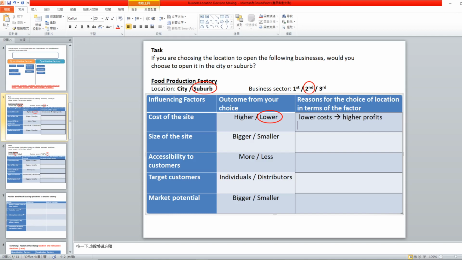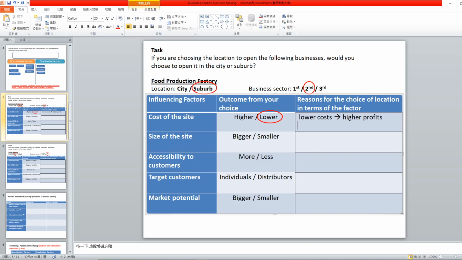But when you think about a factory, we want a place which will have a lower rental cost, because we know that we need a huge space for the factory. Why? Because of all the production facilities and all the operation flows, we need a bigger place.